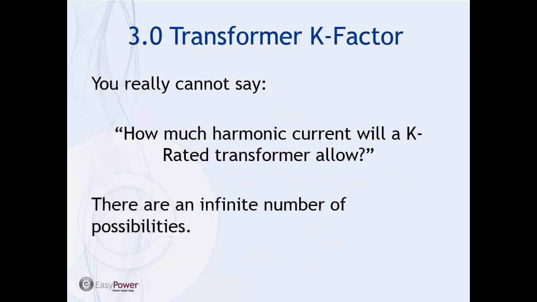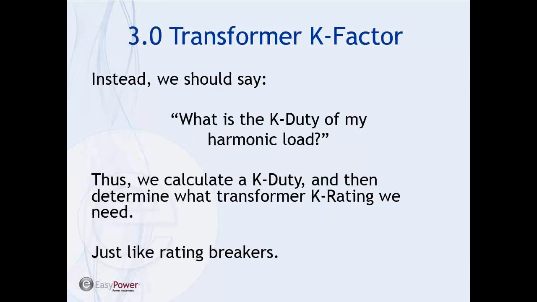So I recommend a method where we ask, what's the K duty of my load? When we calculate the K duty, we can determine what transformer K rating we need. It's kind of like rating breakers. You calculate a current duty, then you compare it against the breaker's current rating, whether it's the momentary or the interrupting value. Let's do something similar for K factor.